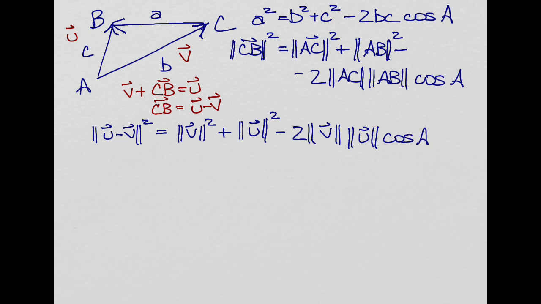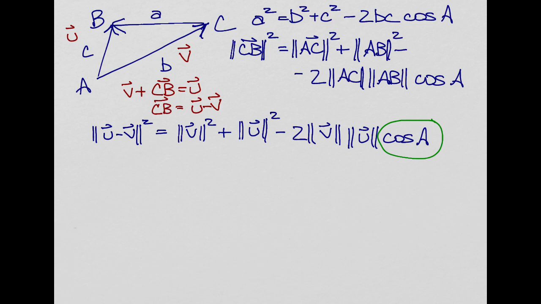So we just rewrote the law of cosines again using these other names for a's and b's and c's, using u's and v's instead. My goal here is to solve for cosine of a. That's what I want to get out of all this.